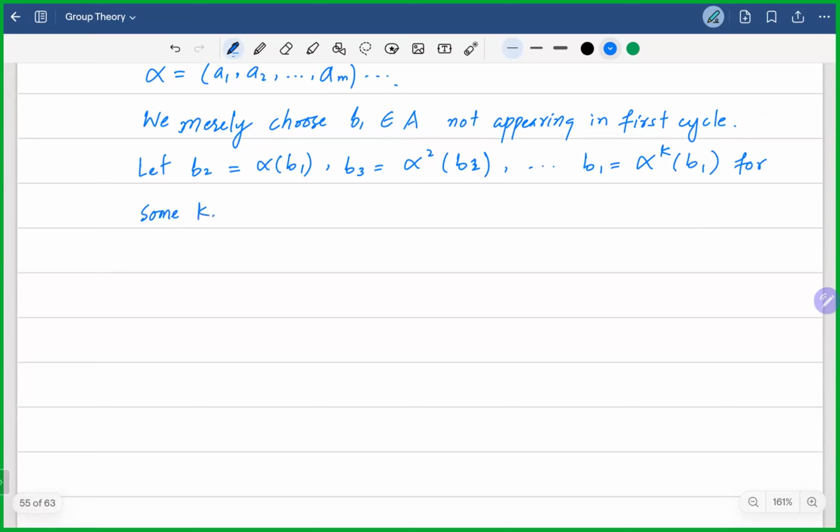The new cycle will have no elements in common with the previously constructed cycle, the one appearing first, A1 to Am.